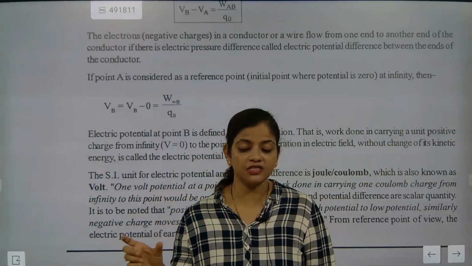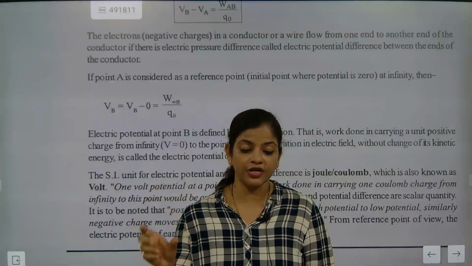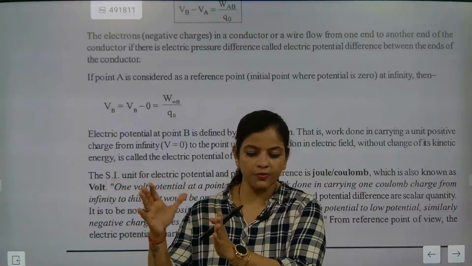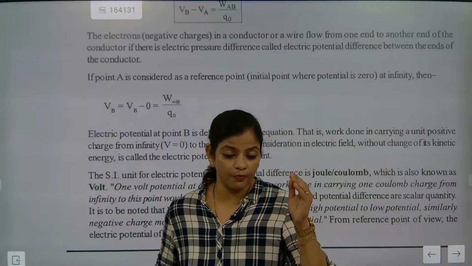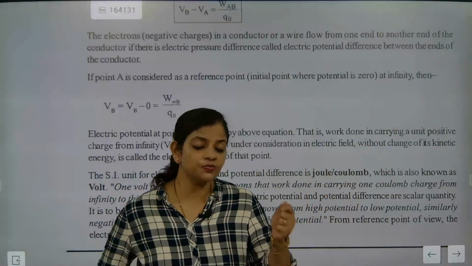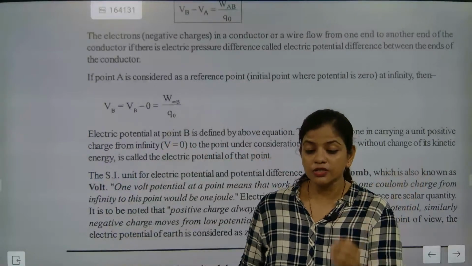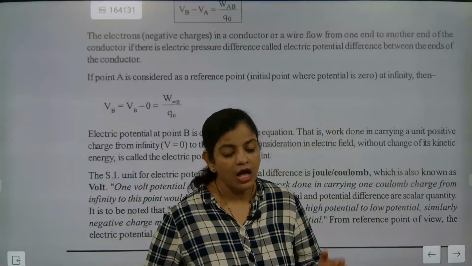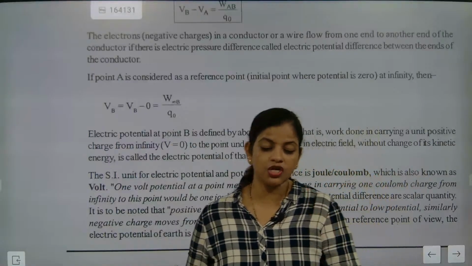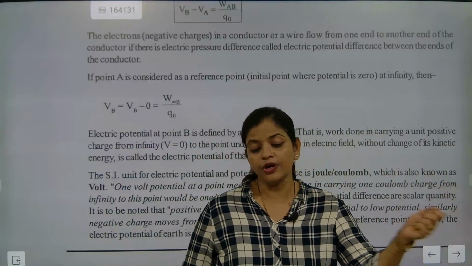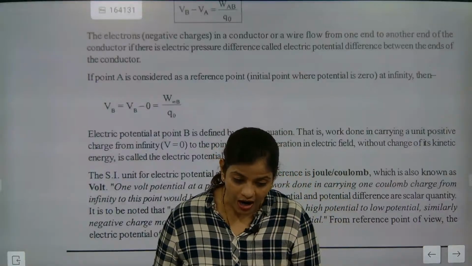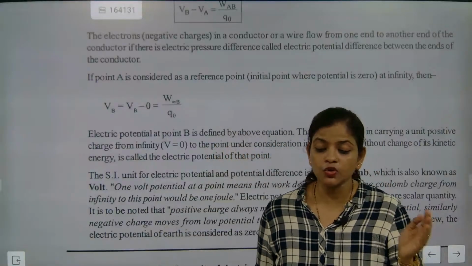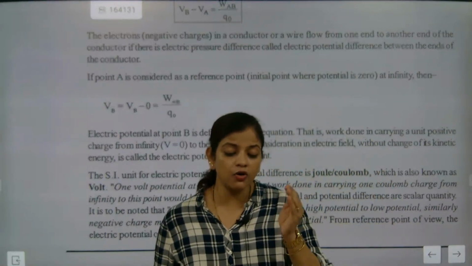potential difference is exactly the generation of the potential. Understood? So this difference will be generated. But here one thing you must understand: the amount of point charges, the charges that are present and exactly moving, is also very, very important here. How much charge you are moving from one point to another point is also considered a part of work done.